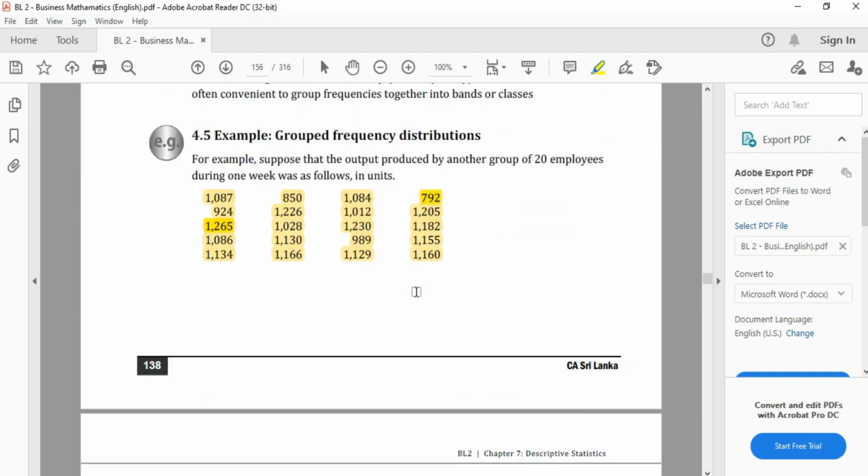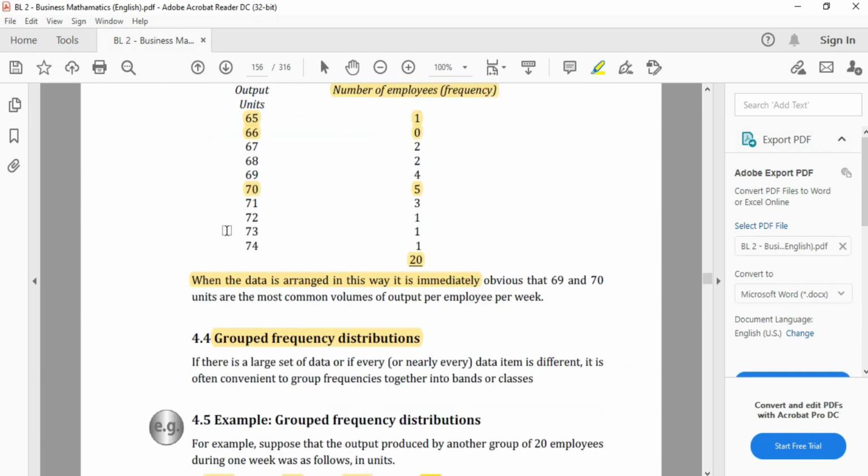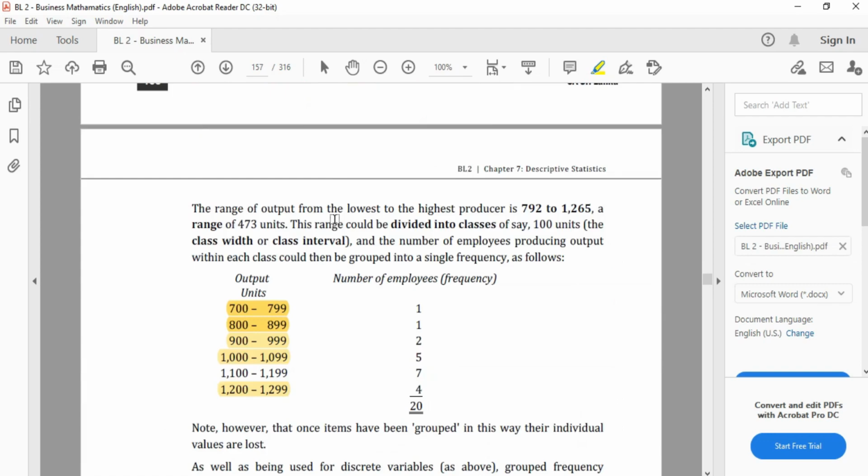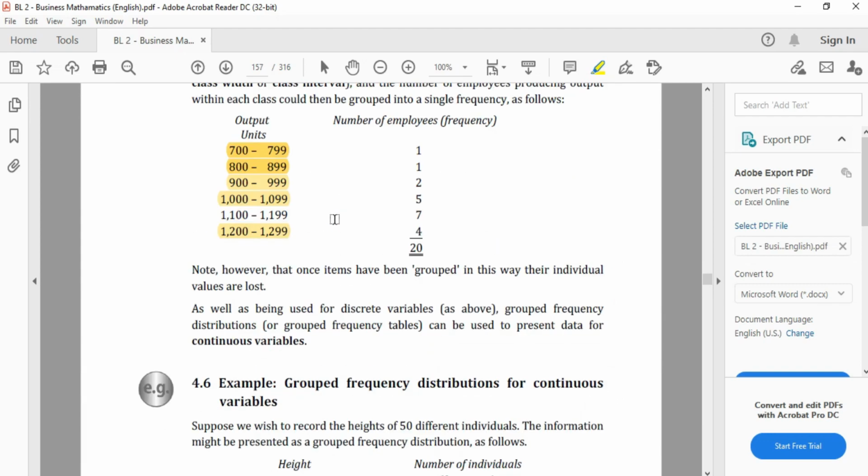It's very difficult for you to do it this way. It's very difficult for the reader. So for the reader to make it clearer and understandable, you group your frequency accordingly.